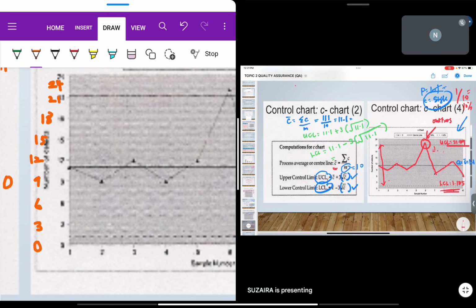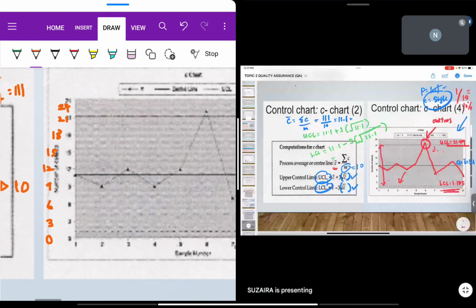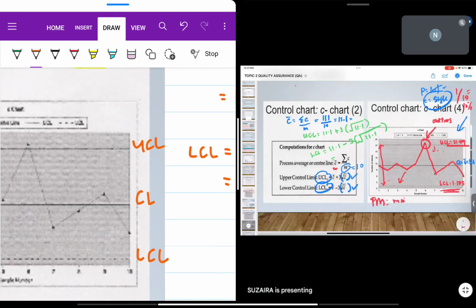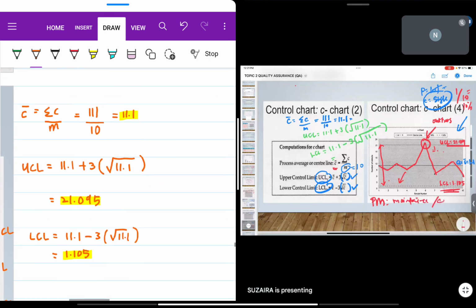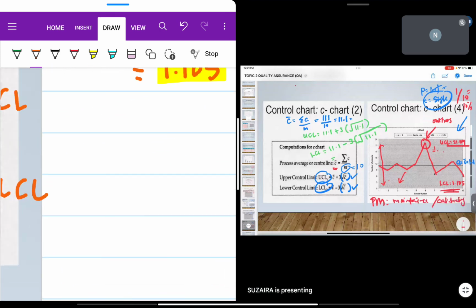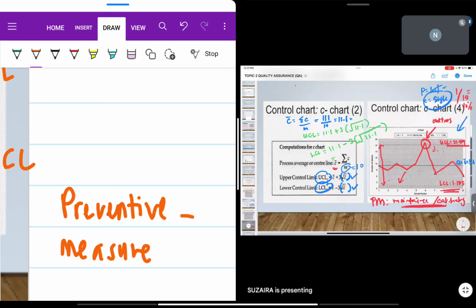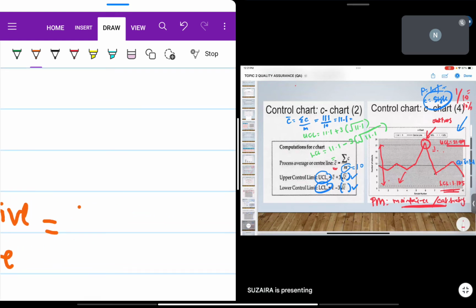So there are a few preventive measures that you need to take, because this is actually a result changer. PM would be a common one, like maintenance or calibrating the equipment. Or probably there is a certain process that you need to review in order to reduce the defect.